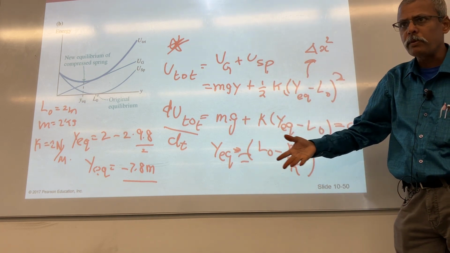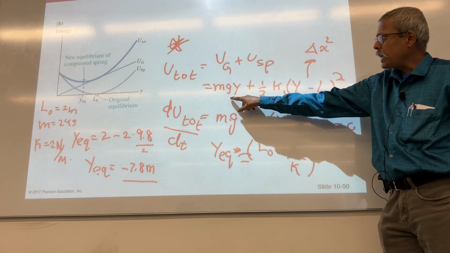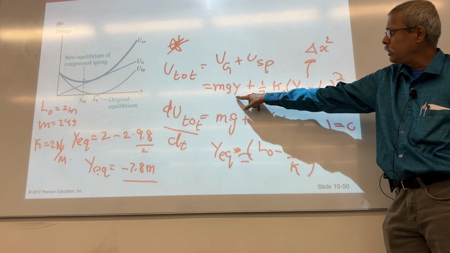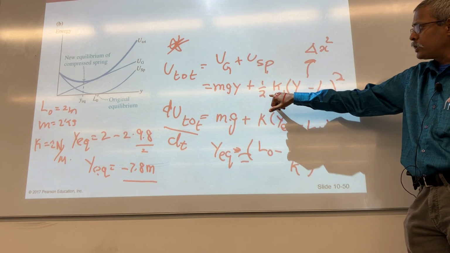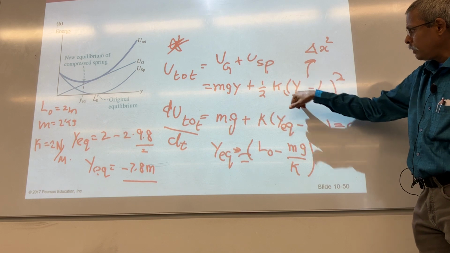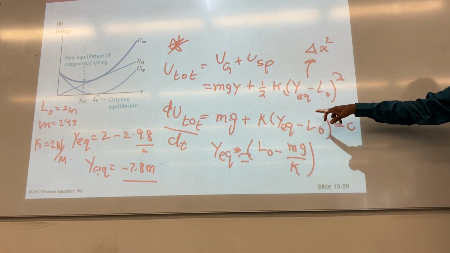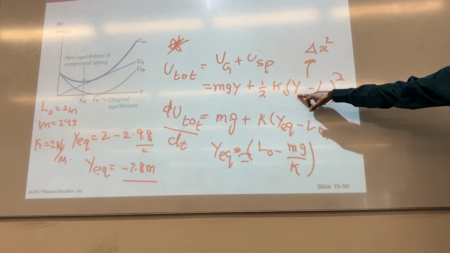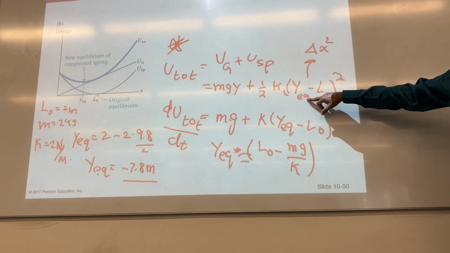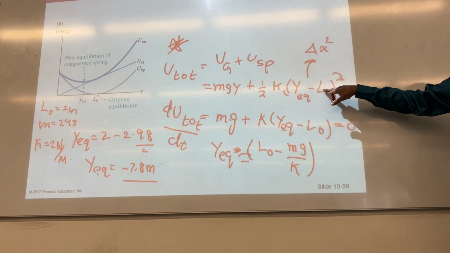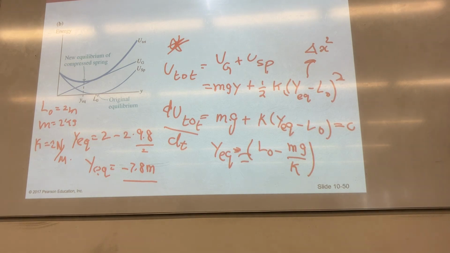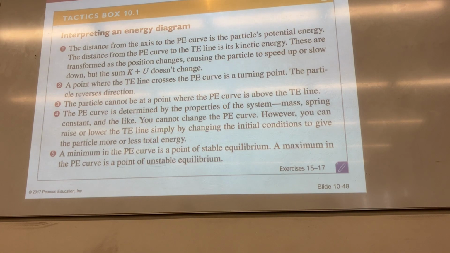You have two different formulas. Gravity is m times g times y, whereas spring is one half times k times delta x squared, that is, y equilibrium minus the original length, squared. That was the one we saw before.